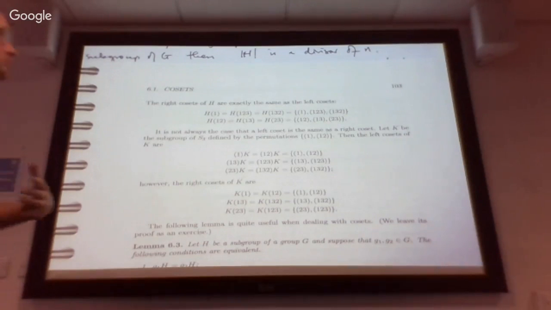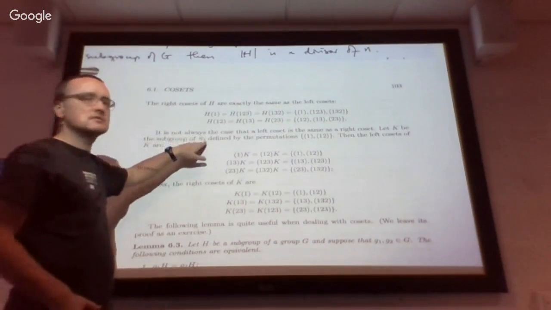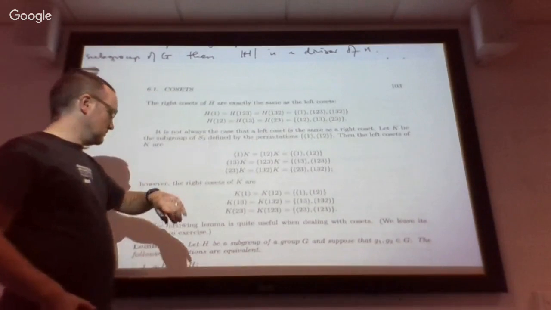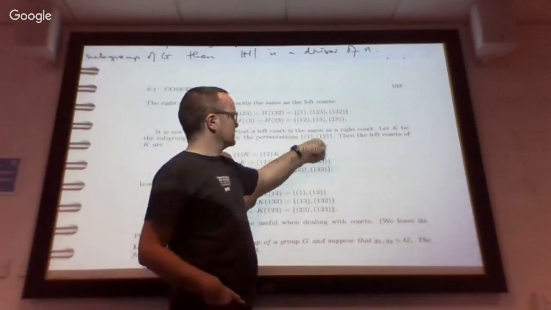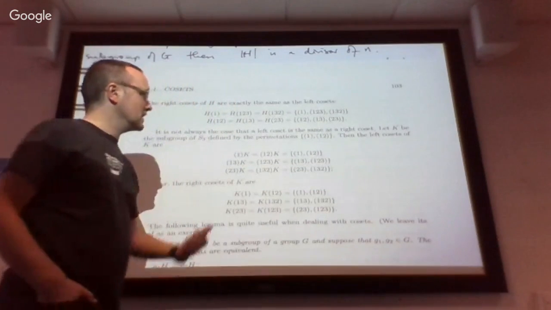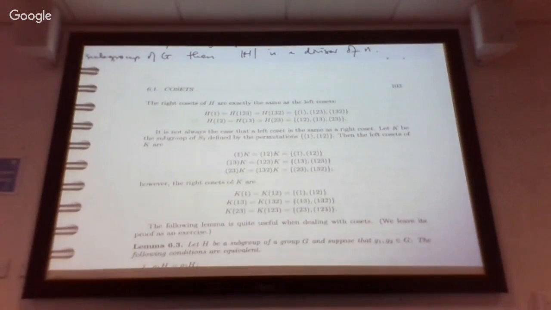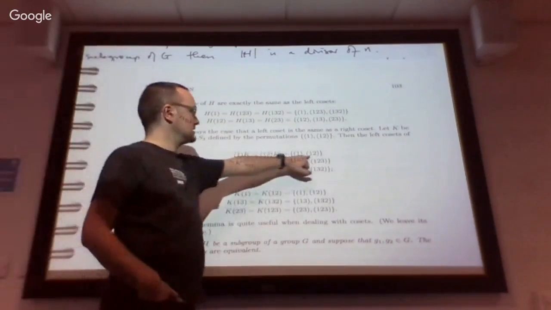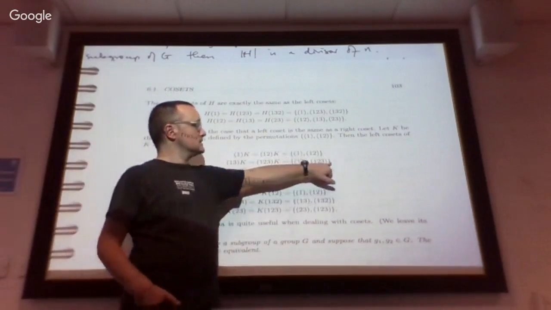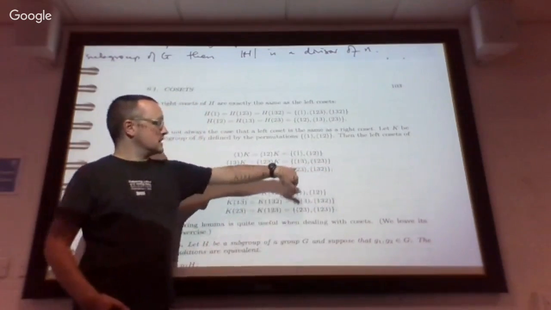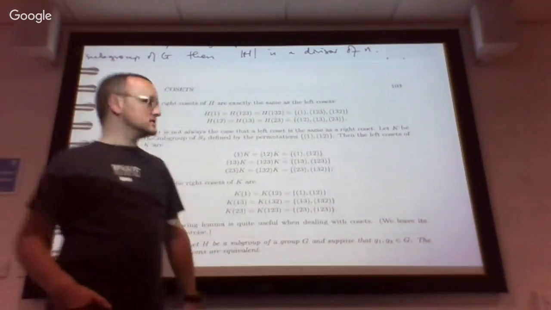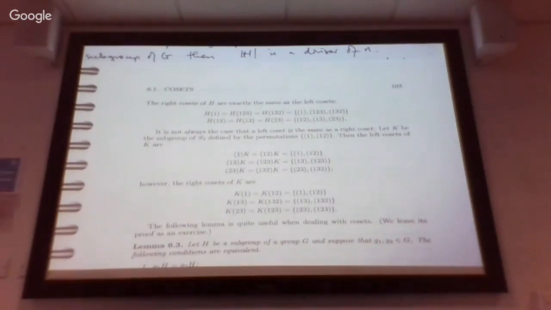So here's another example, still in the same group, the group of all permutations of 3 objects. This time we're taking a 2-element subgroup K, the identity element and one of the 2-cycles. If we look at the left cosets, we see 3 of them: K itself, a subset consisting of a 2-cycle and a 3-cycle, and another subset consisting of the other 2-cycle and the other 3-cycle.